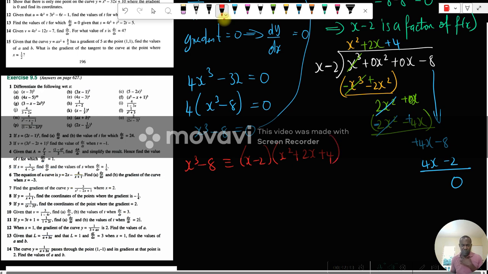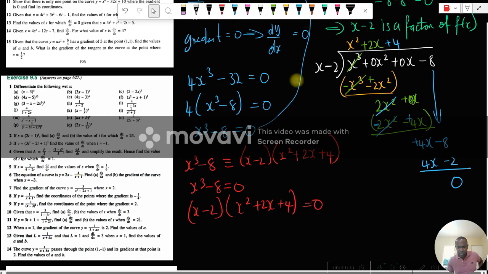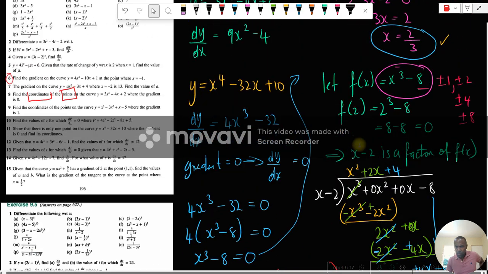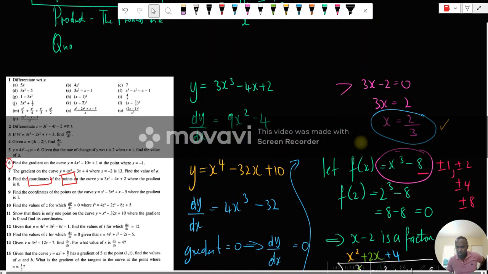But remember, the purpose of all of this was to find the point where dy by dx equals 0. So because x cubed is equal to all of that, we can say that x cubed minus 8 equals 0. So we have x minus 2 bracket x squared plus 2x plus 4 equals 0. We already established that x is equal to 2 because f of 2 was equal to 0, right?